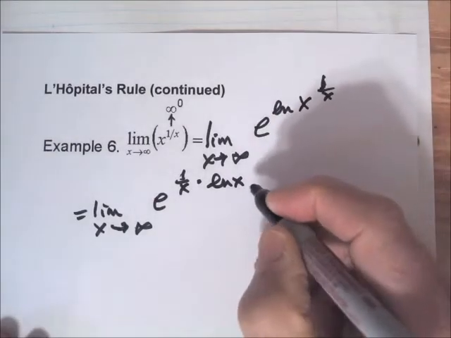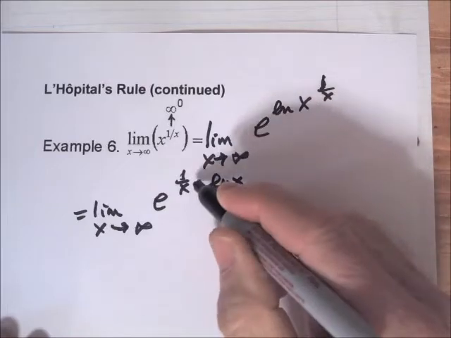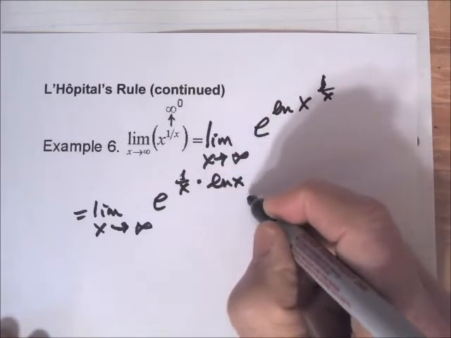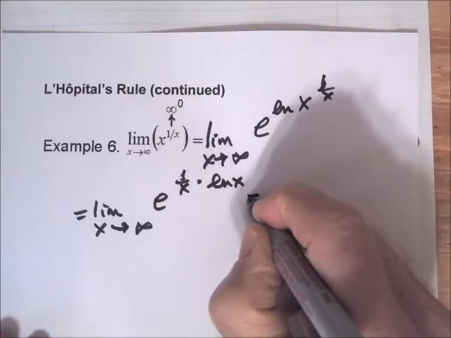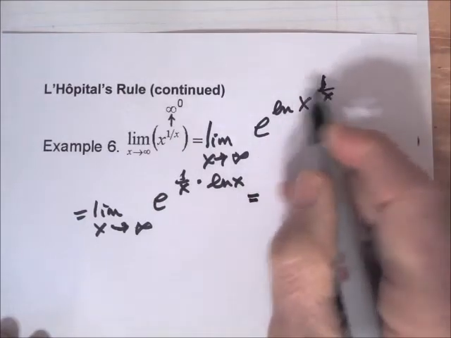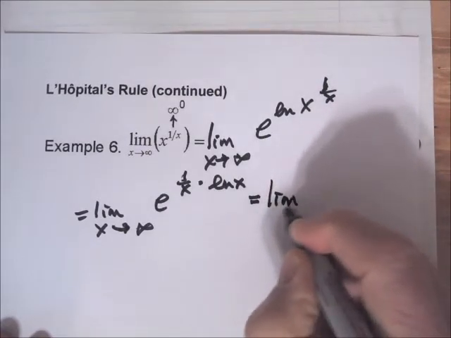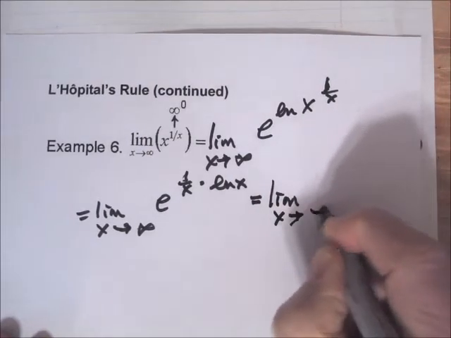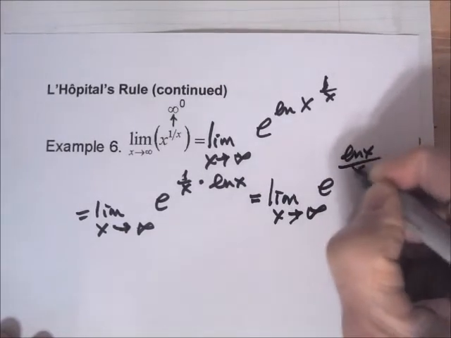Here ln x goes to infinity, and 1 over x goes to 0. So let's rewrite this as the limit as x goes to infinity of e to the ln x over x.